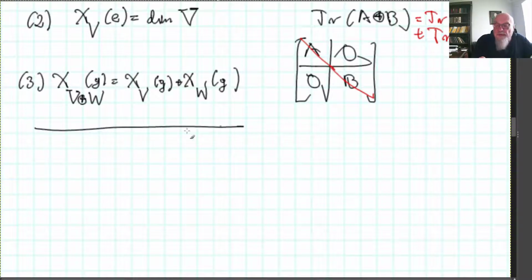The one that is more difficult, and I'm not going to prove it, that's why we have to find some time to study the representation theory, at least the elementary one.